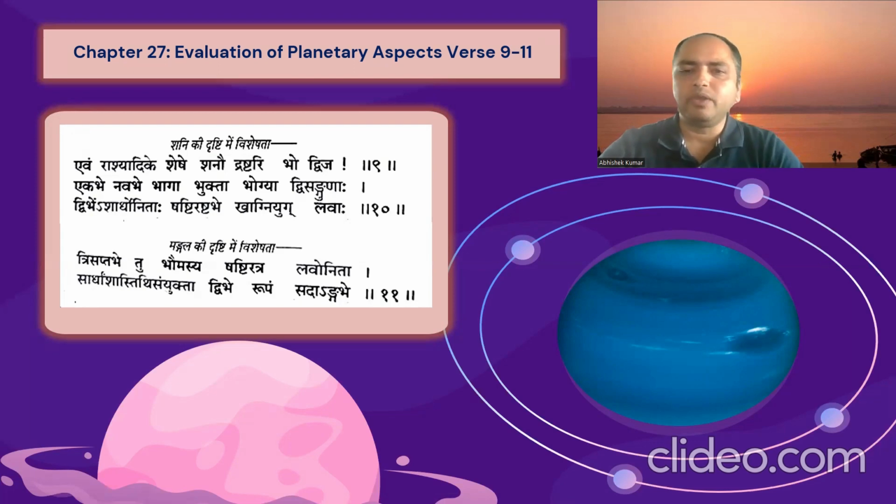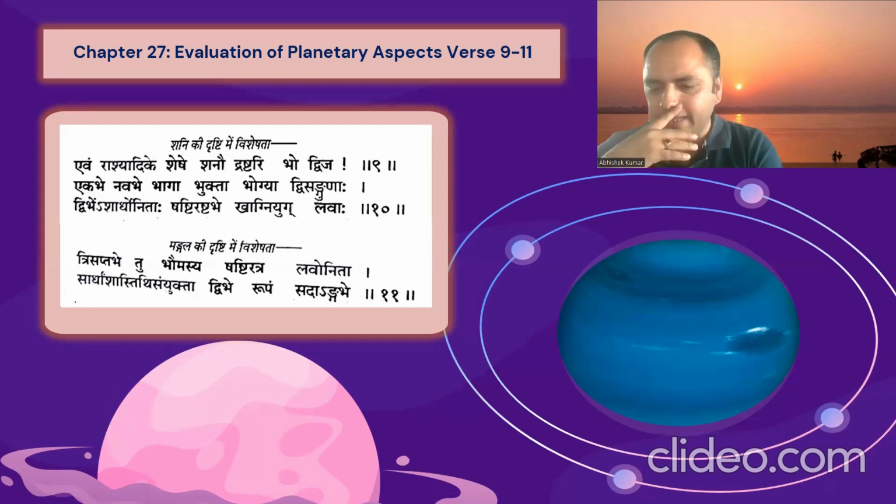Here the rupa and Virupas, these concepts are units, a system of determining the strength of the planets and the houses in astrology.